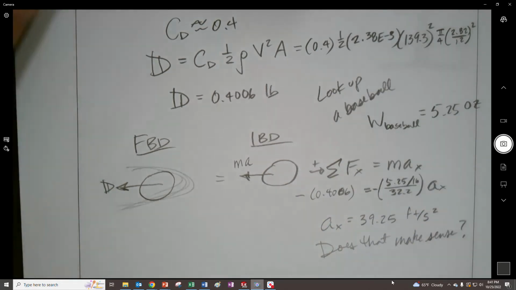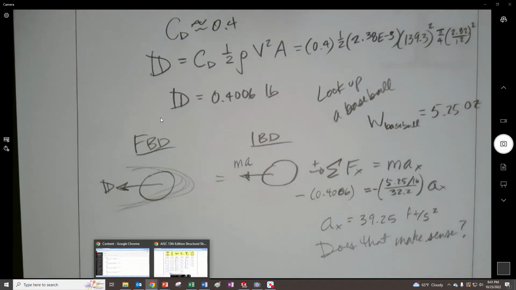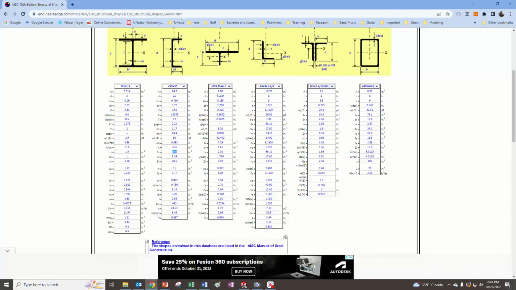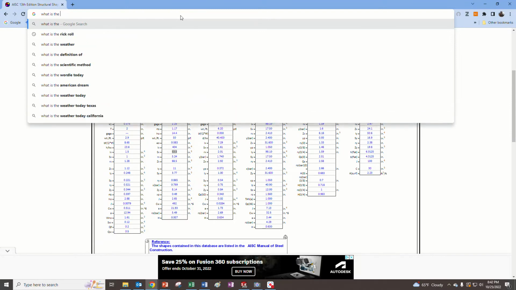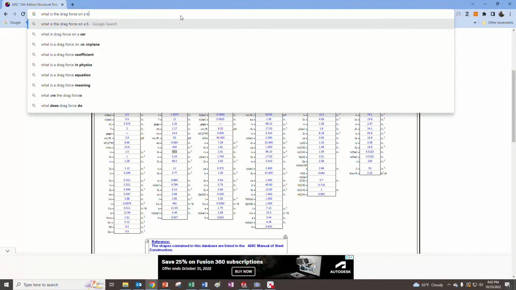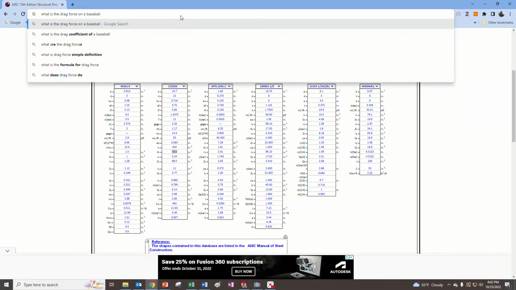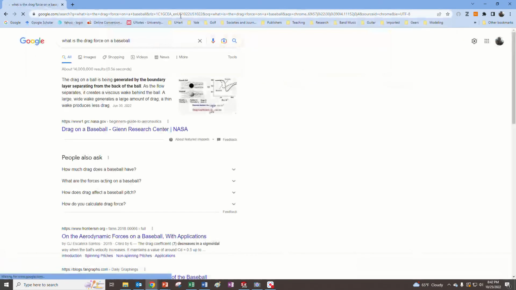baseballprospectus.com, let's see if I can find this website again. So I think I asked what is the drag force on a baseball? Or how much does the drag affect the baseball?